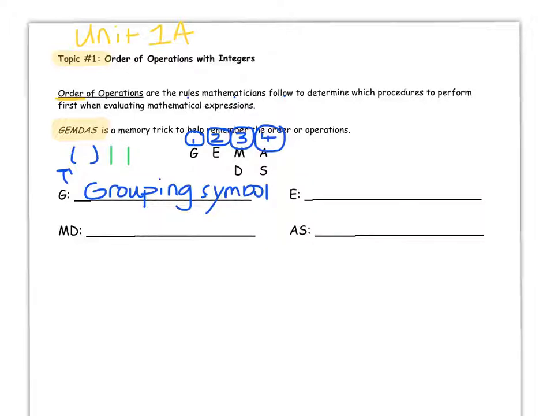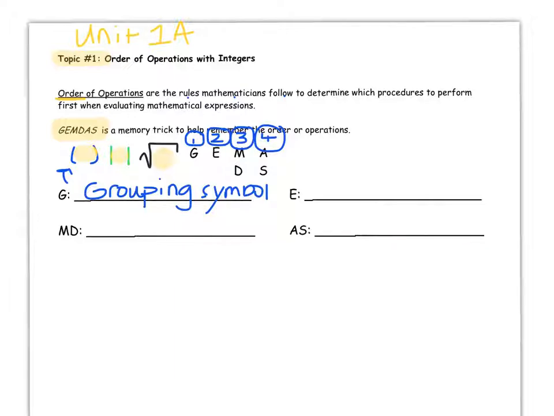We'll talk about those a little bit later. Another one that you might see could be a square root symbol, and that's a grouping symbol because we could put something inside of it. We could put something inside of those absolute value bars or inside of those parentheses. If you see grouping symbols, you do those first.